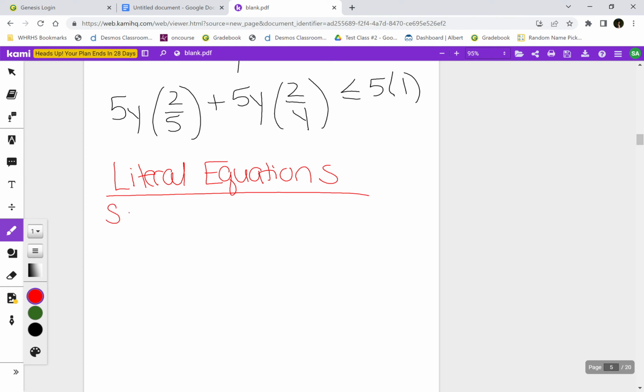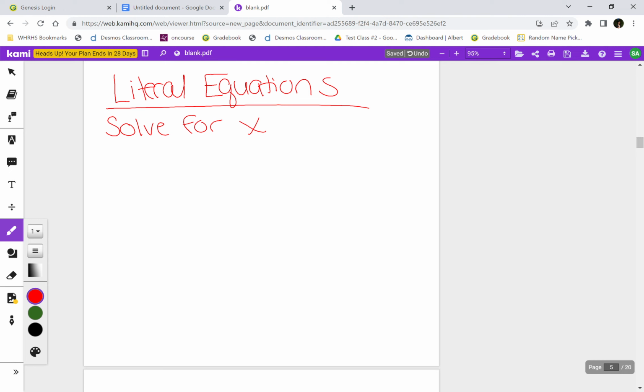My directions are going to be solve for x. So we're going to have 2x over g equals t squared.